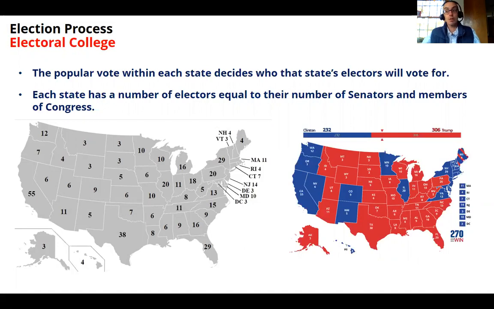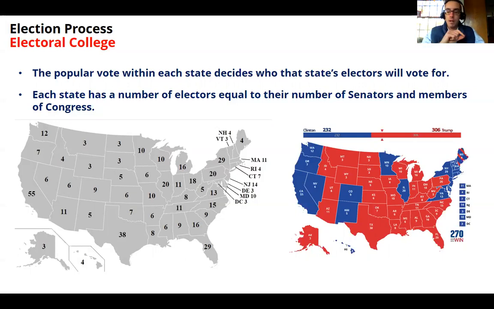Again, it usually doesn't matter because Nebraska has 5 and Maine has 4. If you win half of Maine, you get 2. Normally it doesn't come down to 2 votes, right? Trump beat Clinton by 74 electoral votes on this map, so 2 doesn't really matter.